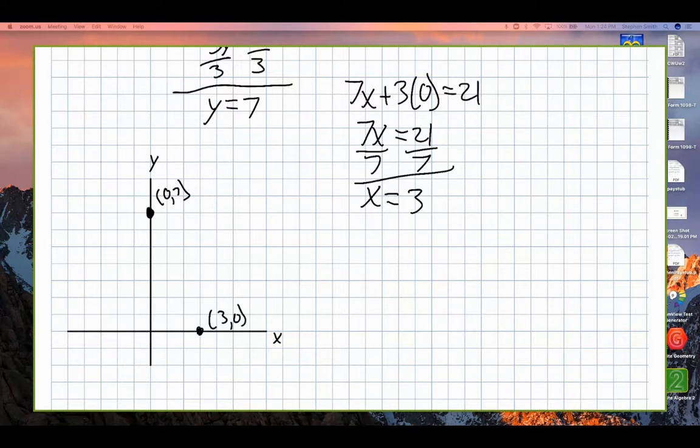And this is my graph of this linear equation. Close enough. Okay, so here is the graph of that linear equation. And I'm just using those two intercepts to graph it. We only need 2 points to graph a linear equation.